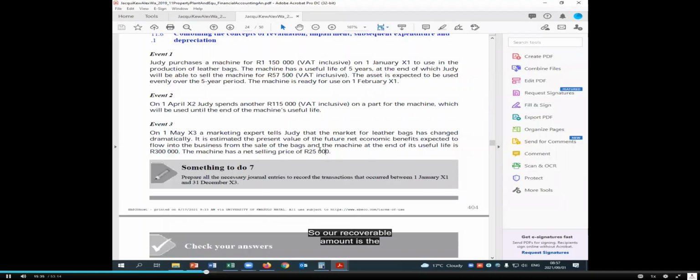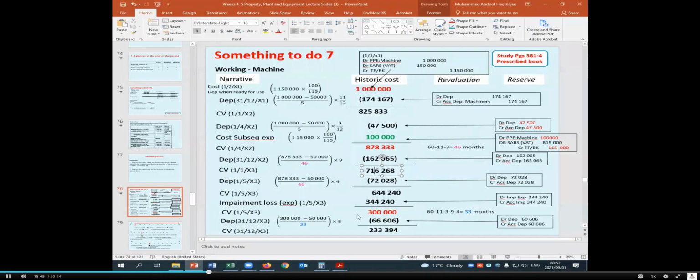So our recoverable amount is the higher of these two amounts. So our recoverable amount is 300,000 on the 1st of May 2003. So we need to go and calculate what is our carrying amount on the 1st of May 2003 and compare it to the recoverable amount.